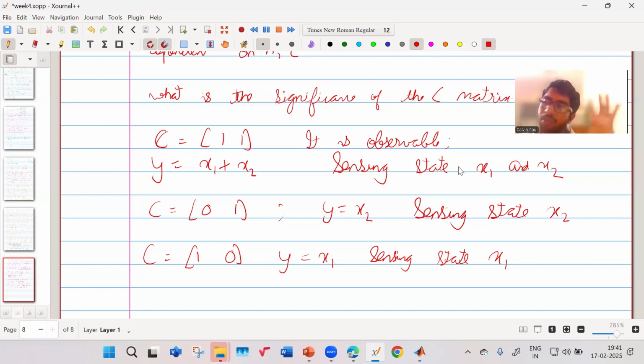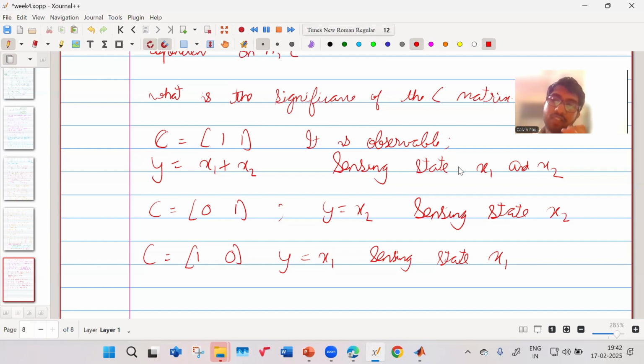That is, you have some big complex two tank system or you have a big complex RLC system. If you can sense one state, and through the knowledge of that state, that output and the input, can you estimate what were the conditions of your previous states? Can you do an X-ray of your system and know what are the states of the system? If that is possible, that means you are able to observe the system.